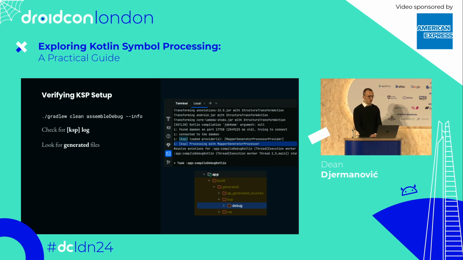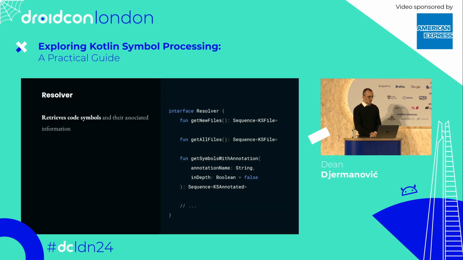If we run this command and check for KSP logs, we are going to see that the logs that we print from our symbol processor are visible in the console output. This indicates that our symbol processor is being invoked during compilation and that everything is set up correctly. We can also look for the generated files under the build/generated/ksp directory, since this is the directory that will contain generated files. For now, we are still not generating anything, so this directory is going to be empty.